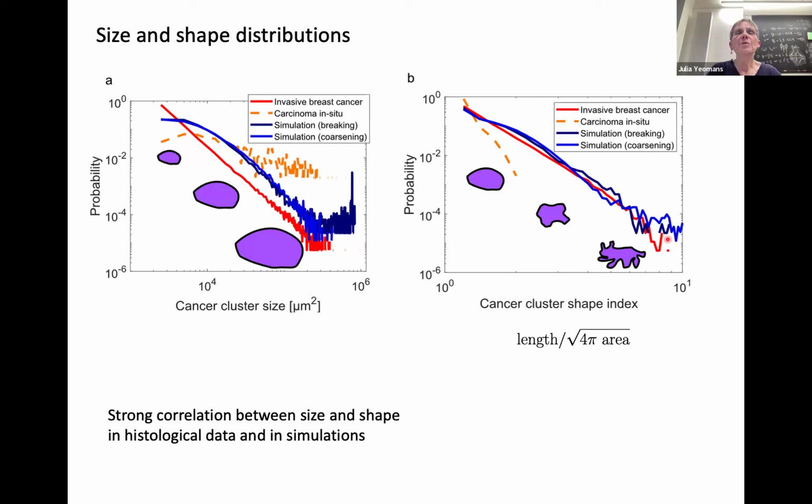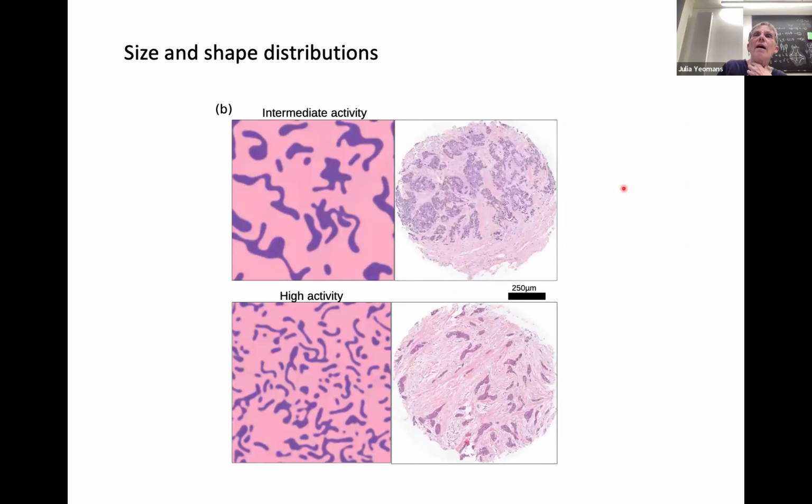And this correlation between size and shape, small ones are round, big ones are much more jagged, is seen both in the data and in the simulations. So perhaps, it's just a new way of looking at these pictures, which are the way medics judge how bad breast cancer is.